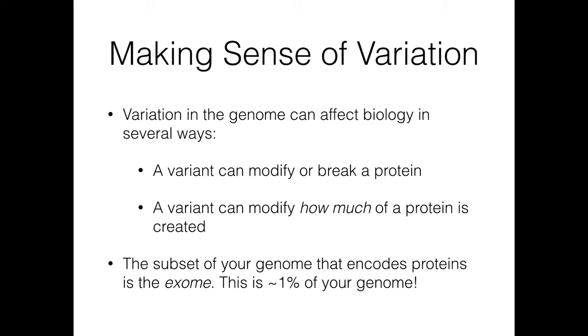Ultimately, there are two drivers. One is very simple: a variant can break the product of a protein. If I have a variant in the body of one of my genes, it can change the outcome of translating that gene into a protein. Essentially, I change the recipe, I get a different outcome.